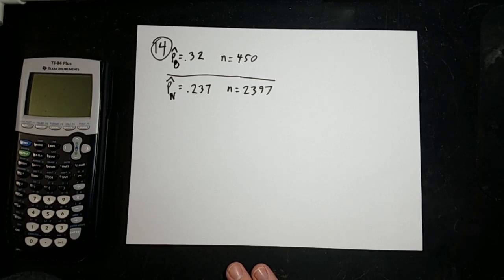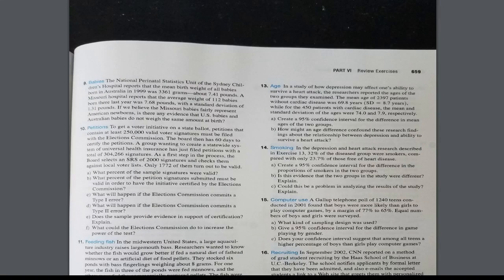That's the 32%. And the diseased group having heart disease, that sample size was 450. Looking back at number 13, that's where you would get that information from. Those free of the disease, no disease, I put an N there, was 23.7% being smokers, sample size of 2397.